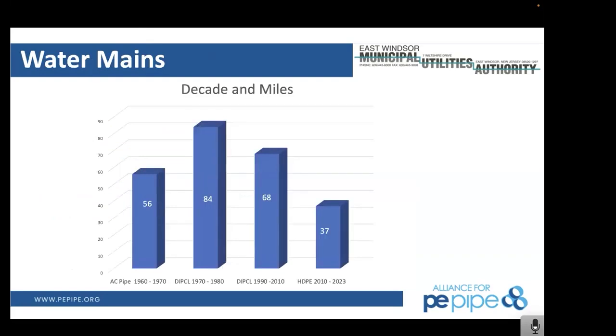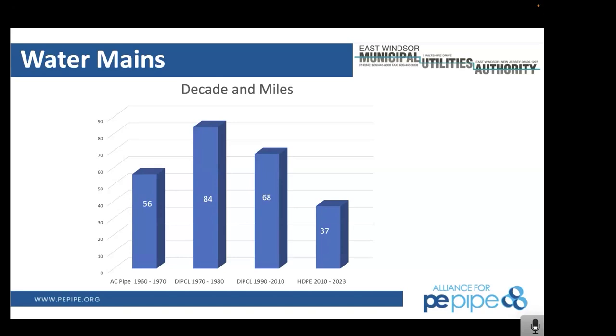During the 1960s and 70s, when we were first built, we have approximately 56 miles of asbestos cement pipe. From the 70s all the way through 2010 was the installation of ductile iron.